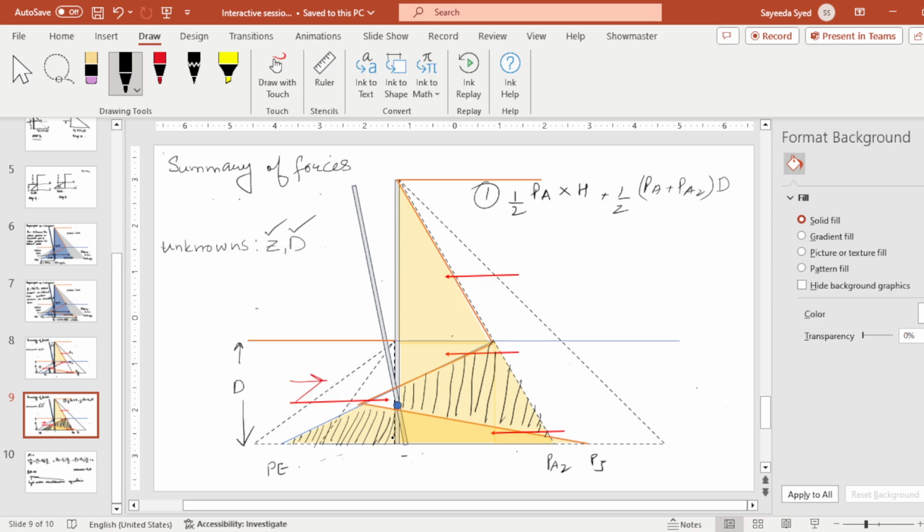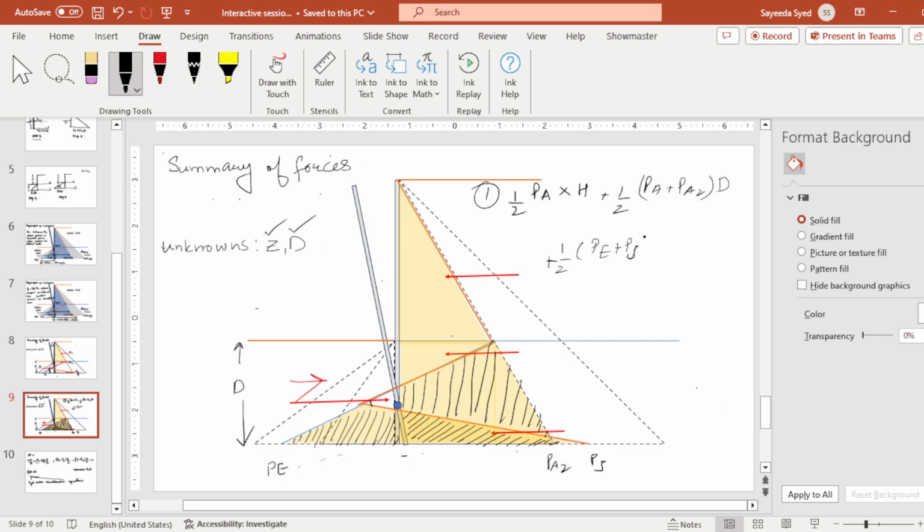So what we will do, if you see it like this, we will take this triangle and subtract it. Sorry, I forgot to add this. We had taken this triangle, which is half of PE plus PJ into D. Now we're subtracting this triangle. This is half of PE plus PA2.